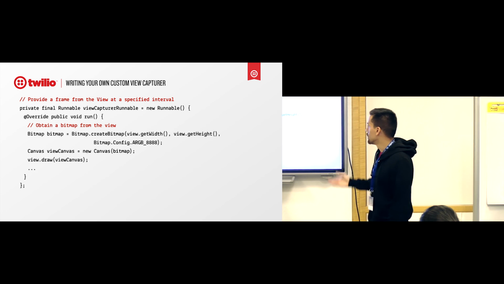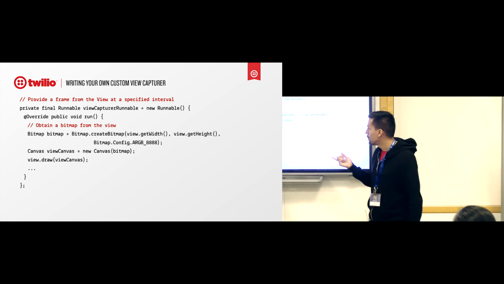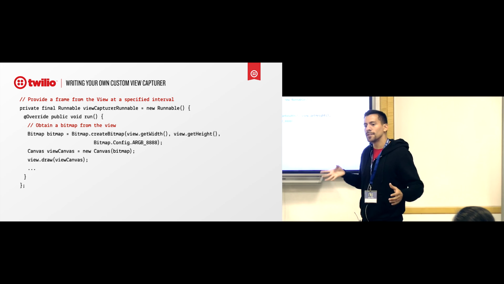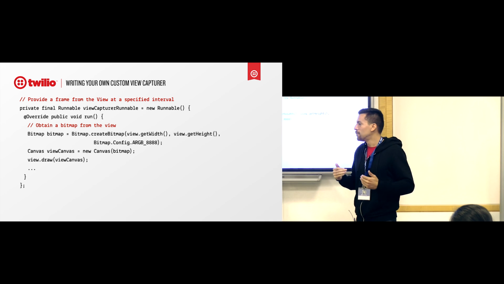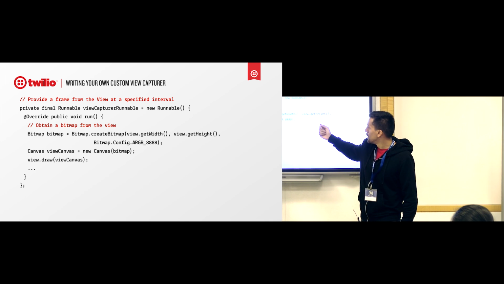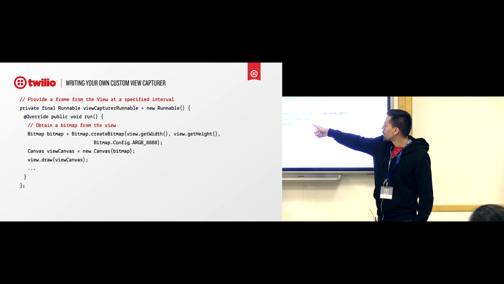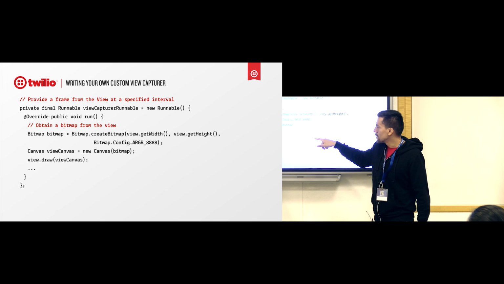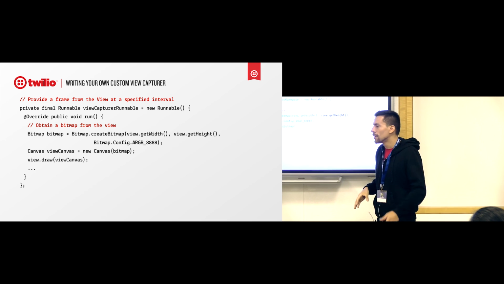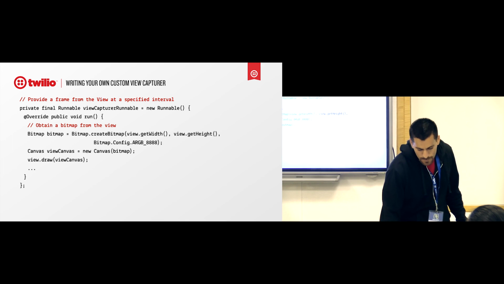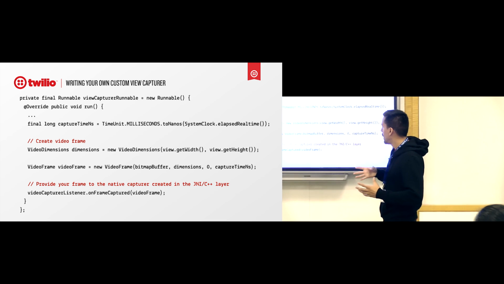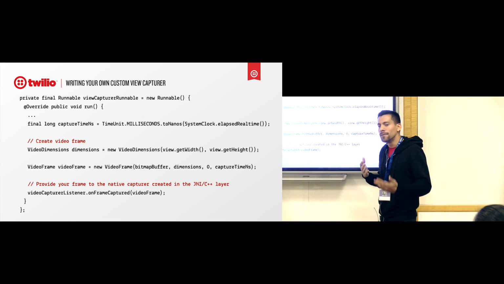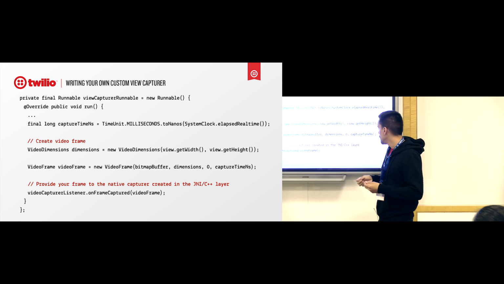In the actual runnable, I'm obtaining a bitmap from the view. I'm doing all of this in Java, which you may not necessarily want to do, but for this example, I'm creating a bitmap based on the size of the view, and then using a canvas to draw the contents of the view onto it. At that point, I've got my bitmap with the data from the view, and now I need three things.